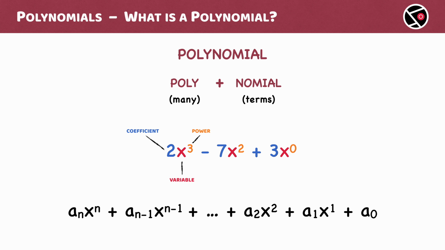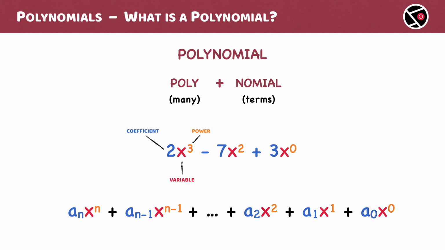Notice we have the variable x in every term, even in the last term, not visible but present as x to the power 0. Each term also has a power associated with the variable. The coefficients of the polynomial are an minus 1, and all the way down to a2, a1, and a0.